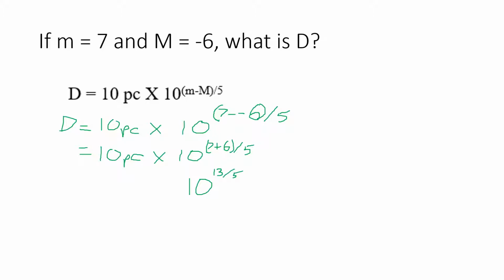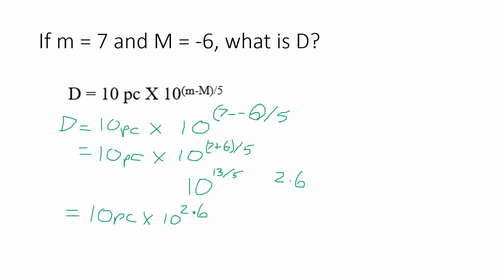The way I normally do this is to go ahead and just divide what that exponent is in my calculator. So what is 13 divided by 5? 13 divided by 5 is 2.6. So to make it easy on myself and have less chance of making an error, I do 10 parsecs times 10 to the 2.6.